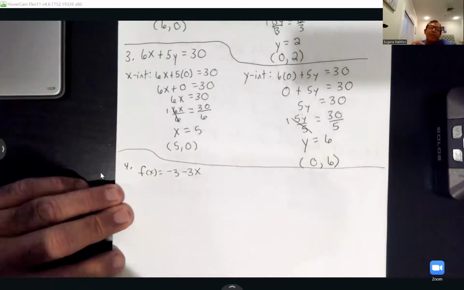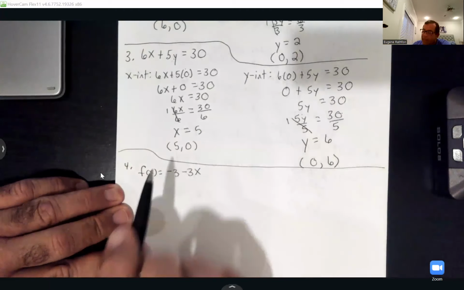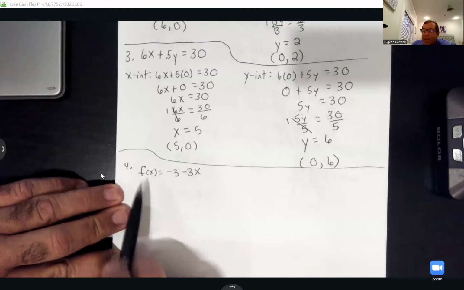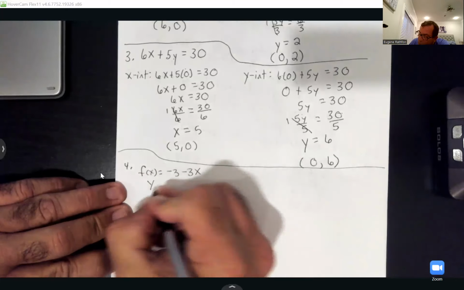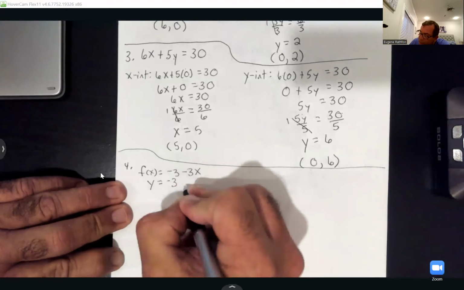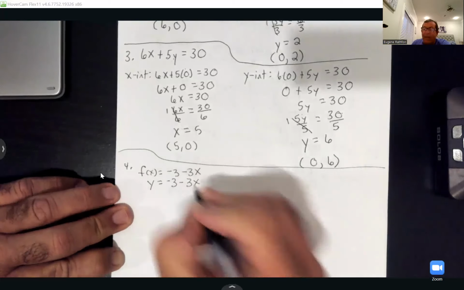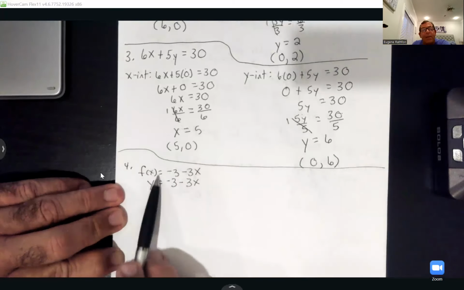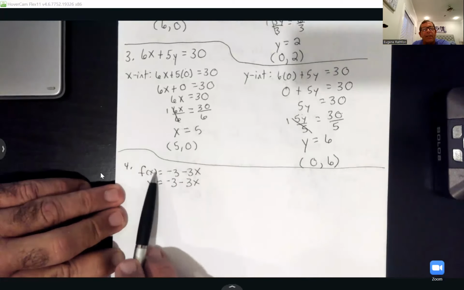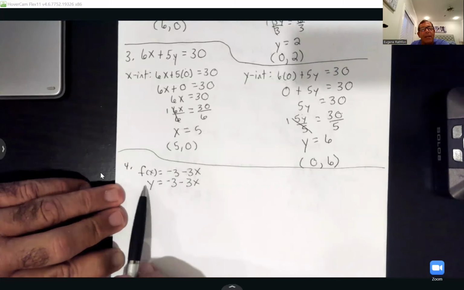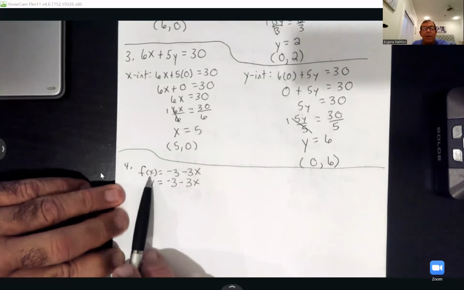I'm still wanting to use the intercepts, but they didn't give me a y this time. That's because this f of x is really a y. So that's y equals -3 minus 3x. They're just wanting you to realize that if they give you a function notation like this, it still means that it's the y value, okay?